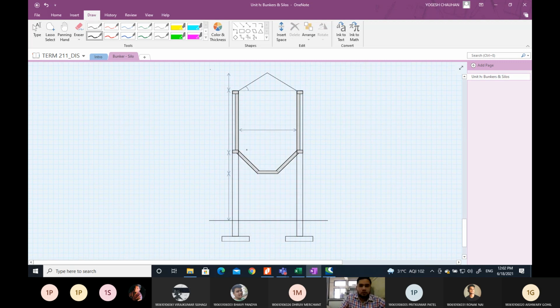And the arrangement is, this is 30 degree, this is 3 meter, this is 2.5 square meter, that means the side walls are square, which is 1 meter, and this opening is 450 by 450 mm, and the height of this from this reference is 2.75 meter, and the depth of the footing is 1 meter.